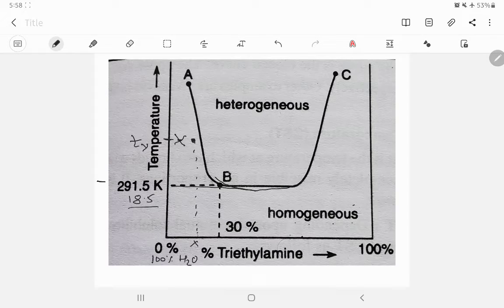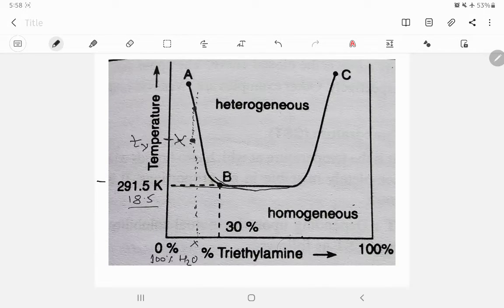Here water is 100%. This is the unsaturated solution of triethylamine in water. Now if we decrease temperature, it just remains so. But if we increase temperature, at a certain point it becomes a saturated solution, and above this temperature there is a formation of two layers.